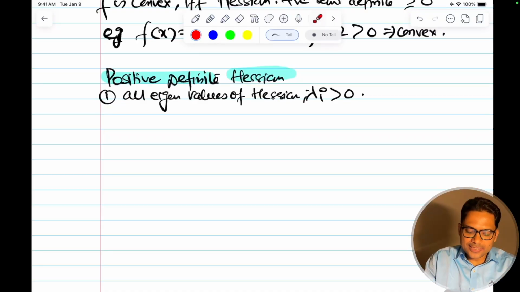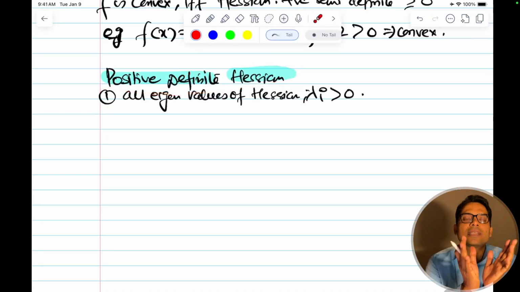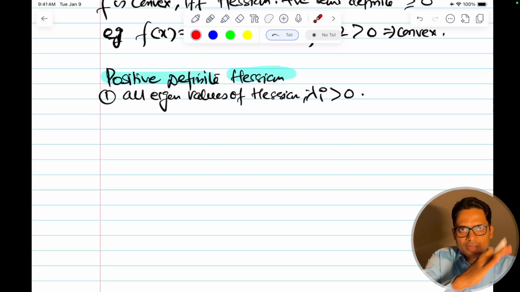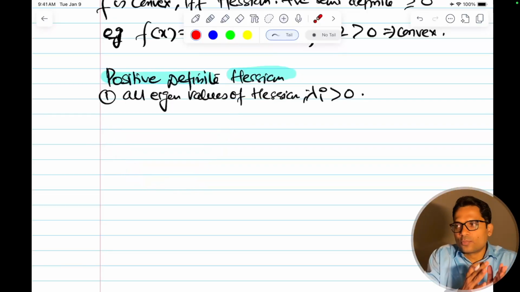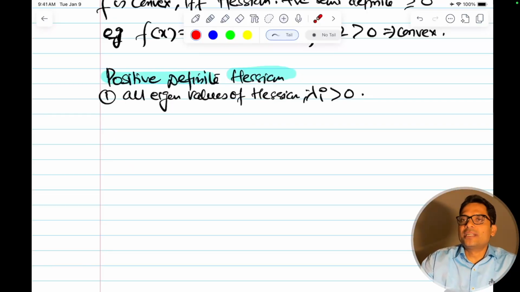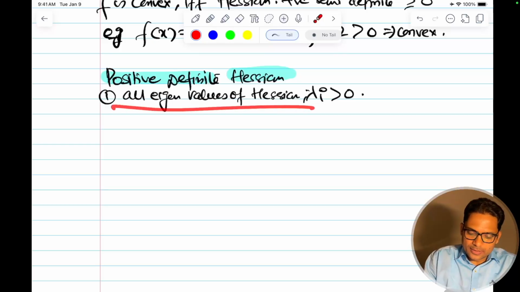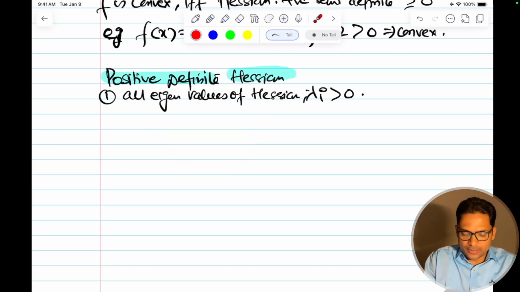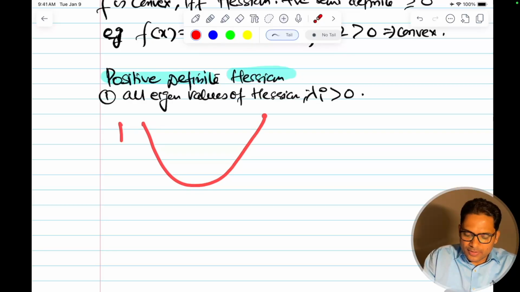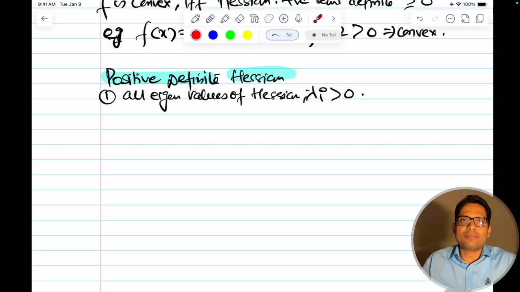So what does the Hessian measure? The Hessian is measuring the second derivative, so it is measuring the curvature around that particular point. If it is all positive, it means the function is curving upwards in all the dimensions.